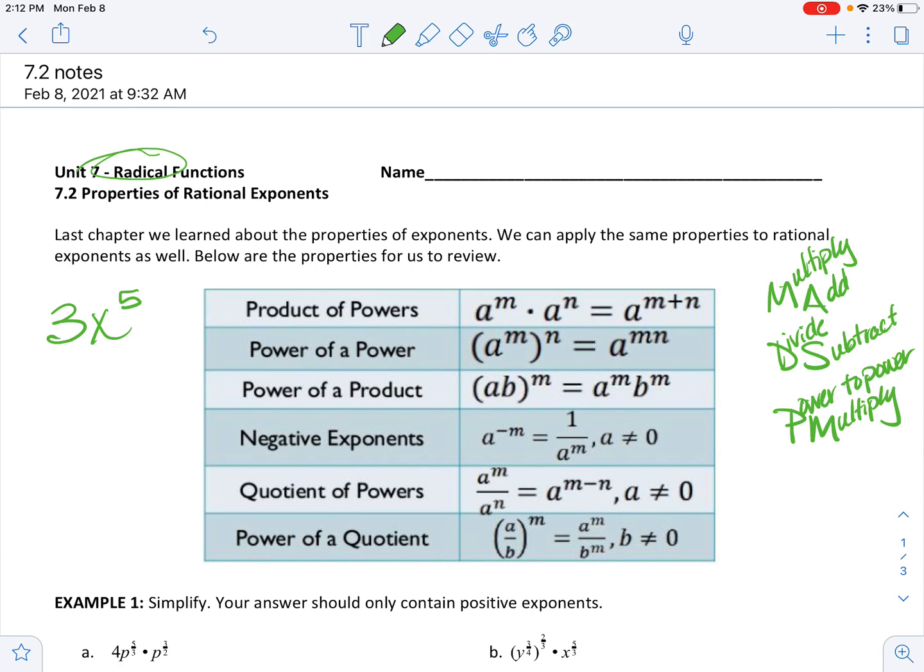This is a standard monomial. This has a coefficient of 3, because I can rewrite this as 3 times x to the 5th. That means that x is the base of the power, and that 5 is the exponent.